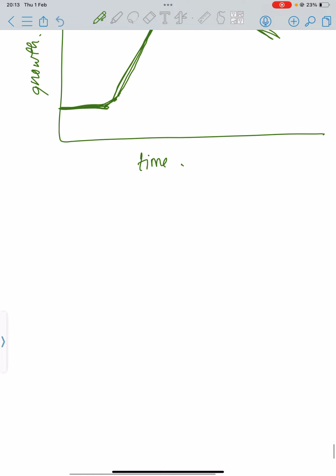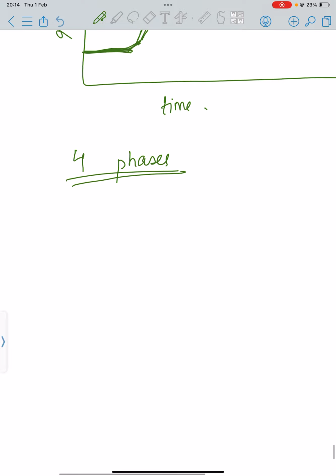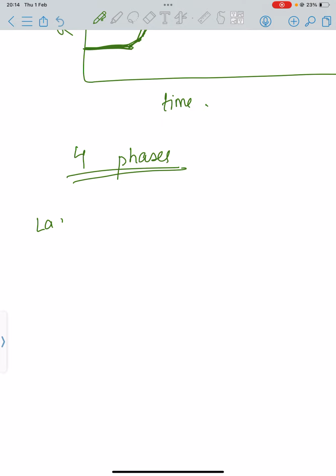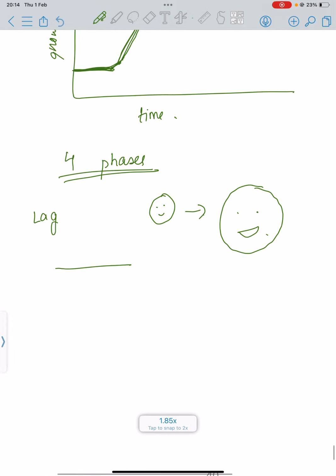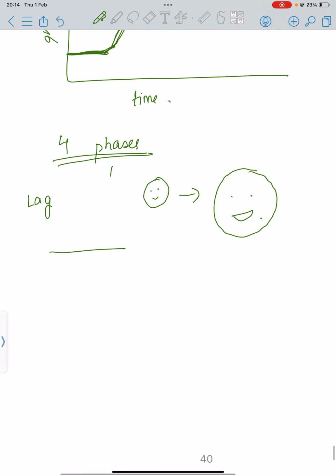Bacteria grow in 4 phases. Number 1 is the lag phase. This is the bacteria. This bacteria now has to grow, so it becomes bigger in size. So in lag phase, bacteria become bigger.